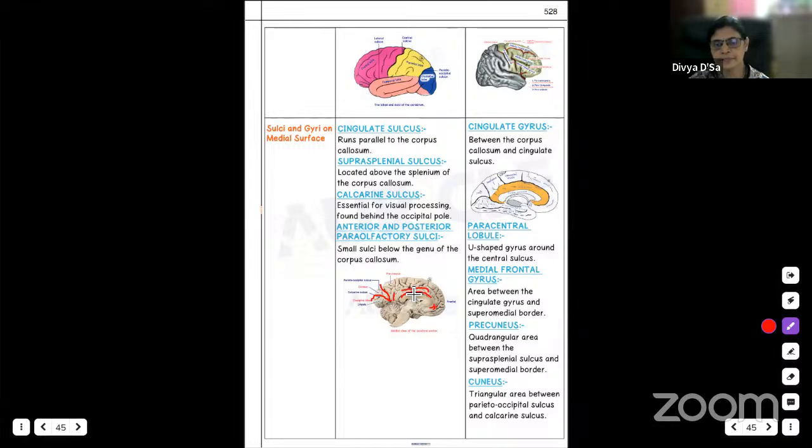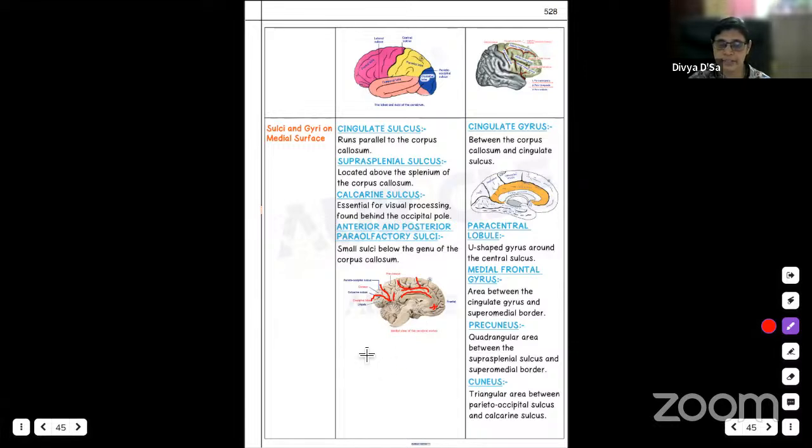Then here we have the paracentral lobule, which is very important. The cingulate sulcus gives an upturned end here, and then it ends like this. The lobe in between is the paracentral lobule. It's a U-shaped gyrus present around the central sulcus, so it includes both the motor and the sensory parts.